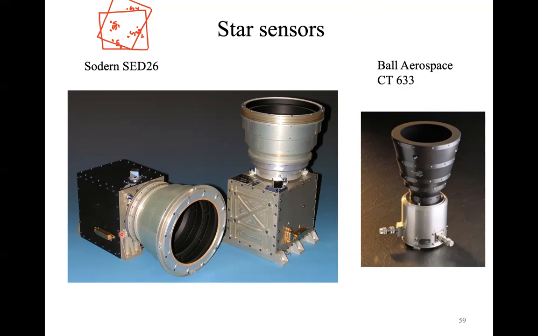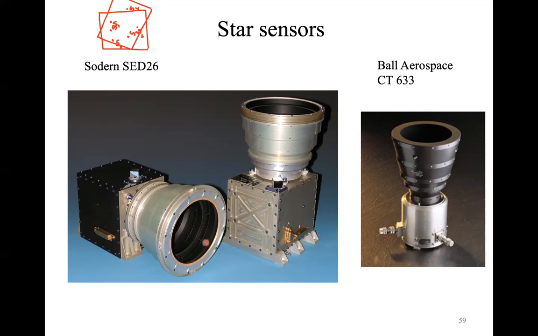Here you can find an image of two different star trackers that have been used in space. And as we have said, you have a shield from other sources of light, as for example, the sunlight, the moonlight, and the albedo of the Earth.